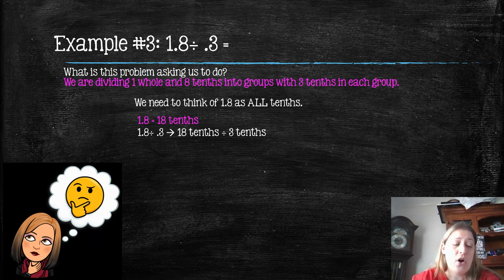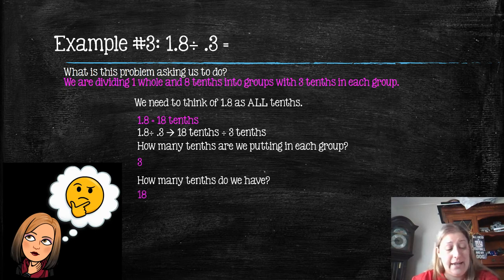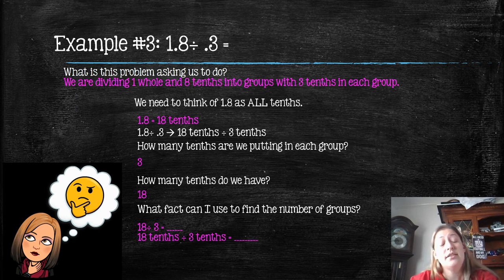So how many tenths are we putting in each group? 3. And how many tenths do we have? We have 18. So what multiplication fact can I use to find the number of groups? It's going to be 18 divided by 3. And what is 18 divided by 3? 6.